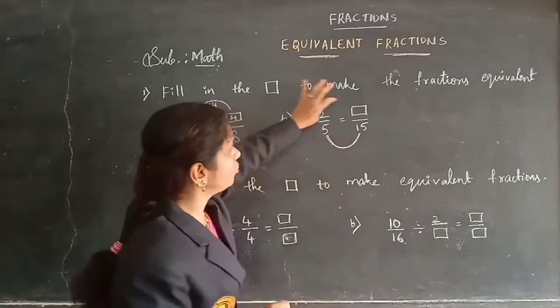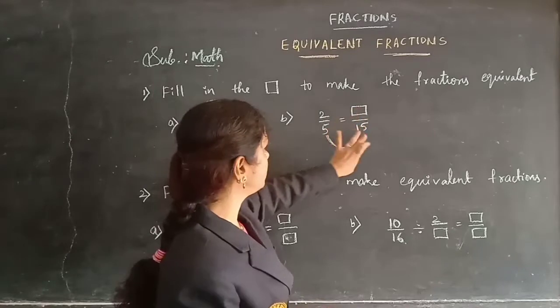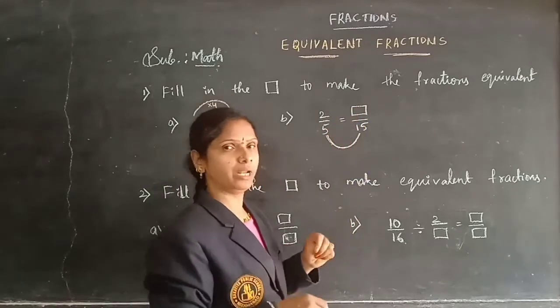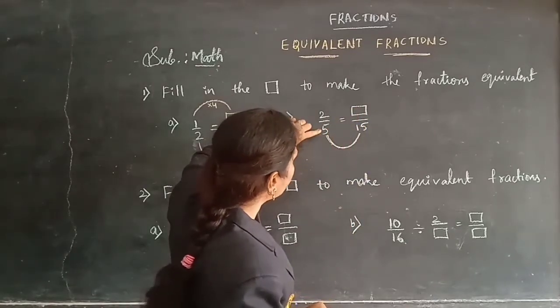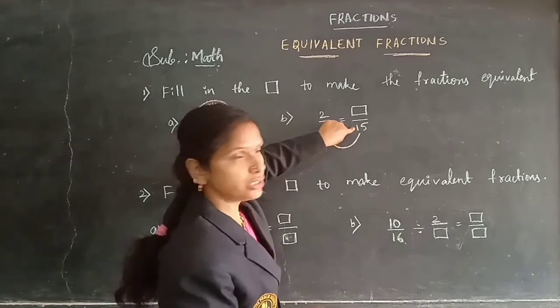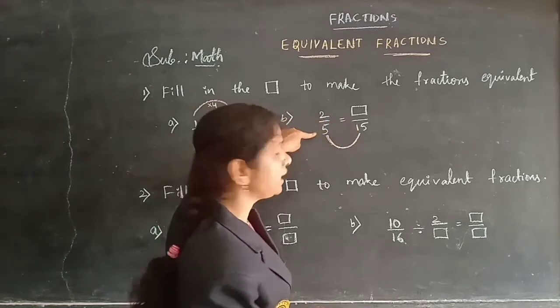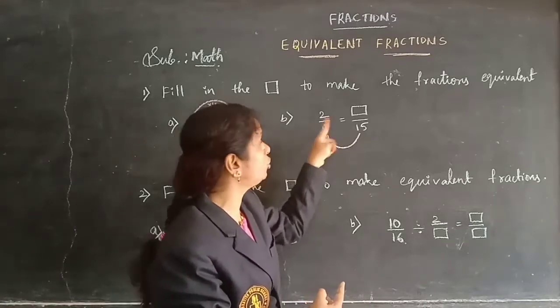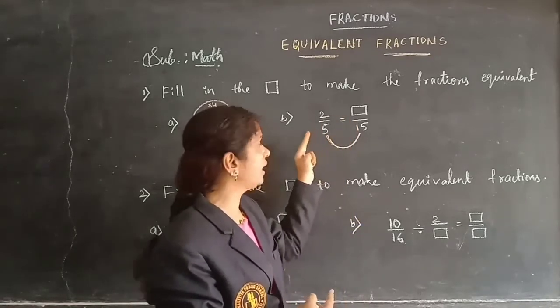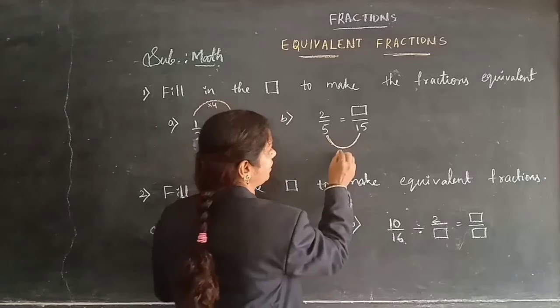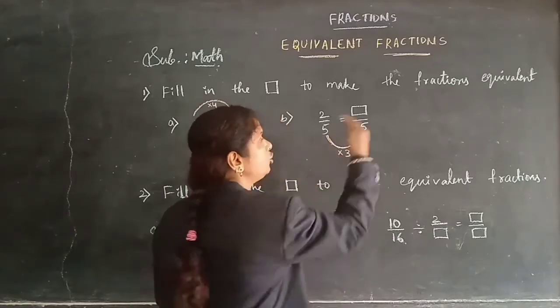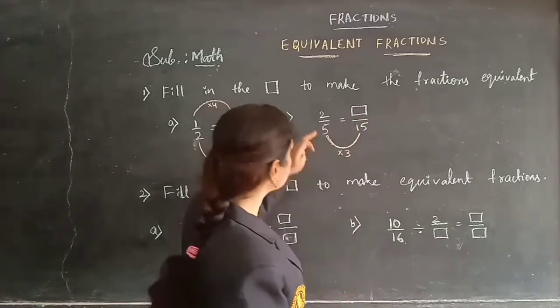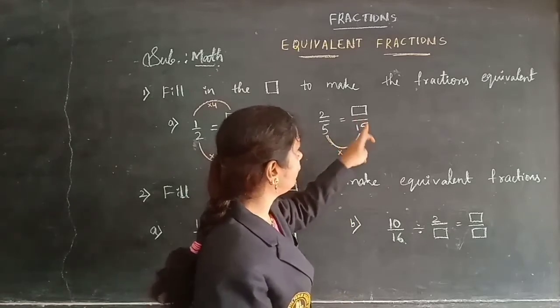We don't have the numerator here, so we are observing the two denominator values only. Now 5 and here 15 children. So 5 and 15, in the 5 table, with the 5, which number do you need to multiply to get 15? With the 5, if you multiply with 3, then you will get 15 children. It means 5 3s are 15.